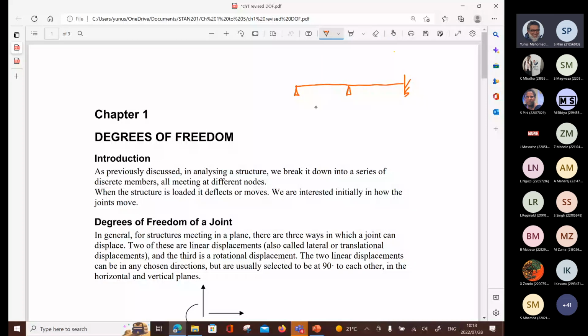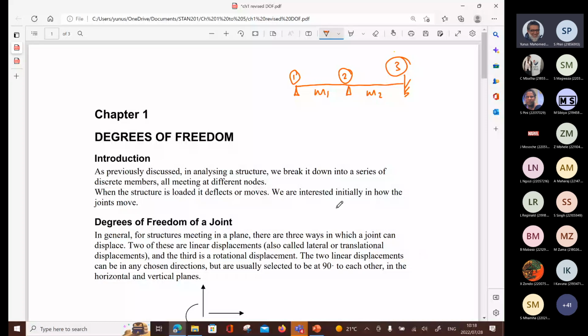We're breaking it down into member 1, member 2, node 1, node 2, and node 3, right? So we're identifying how we're going to input the structure, what we're going to look at when we talk about it. Okay, degrees of freedom.